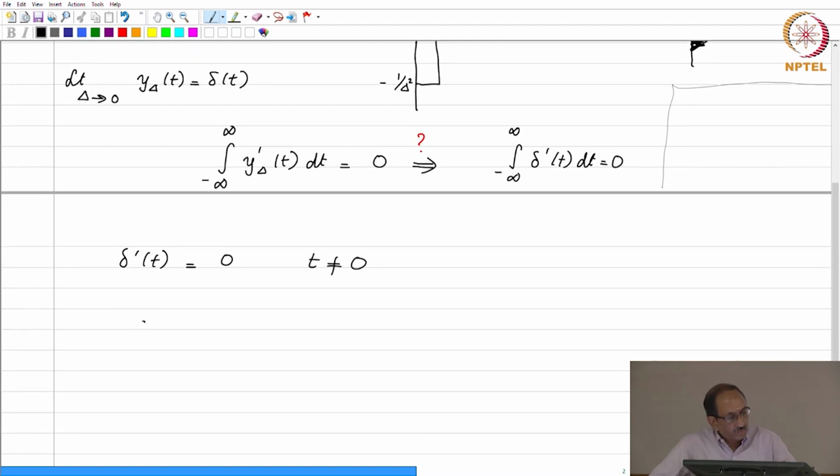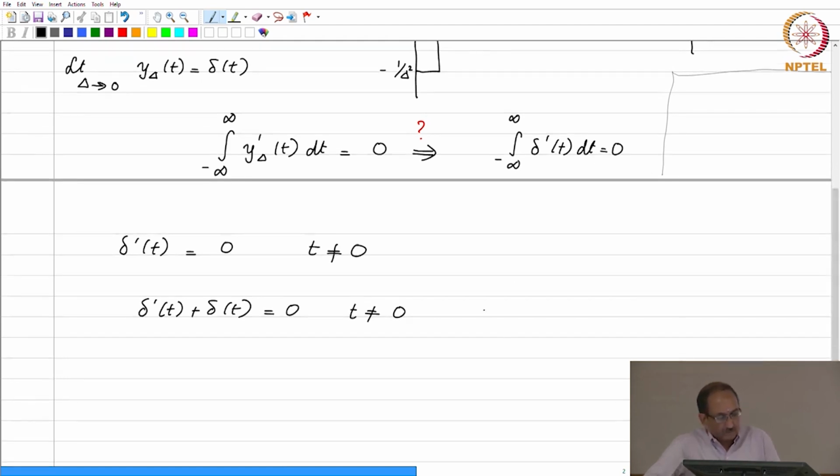Now what about this? Delta dash of t plus delta of t, for t not equal to 0, this function is 0. Very good.